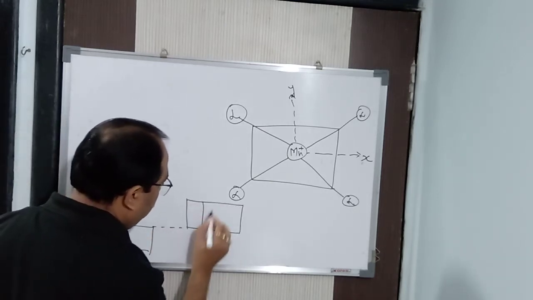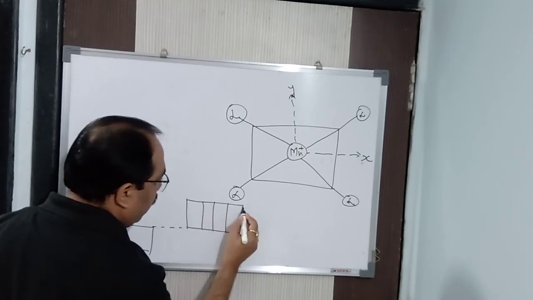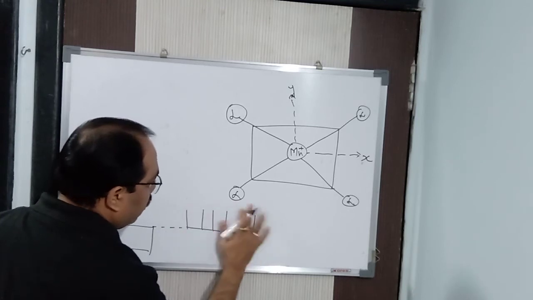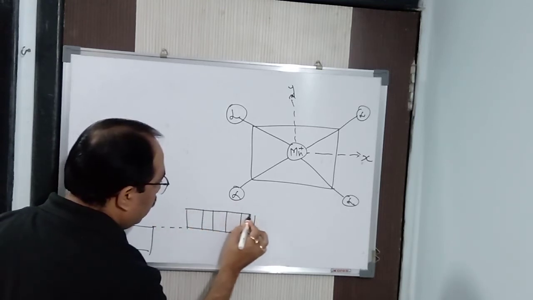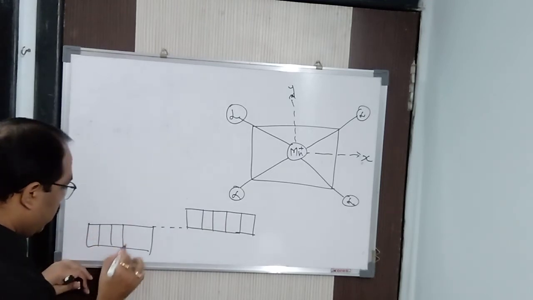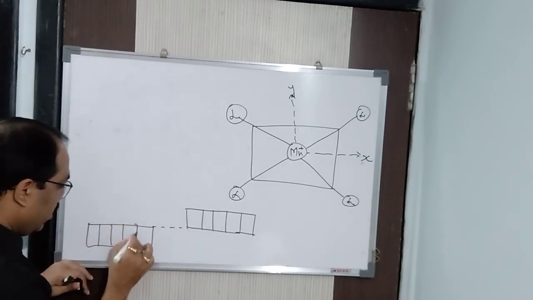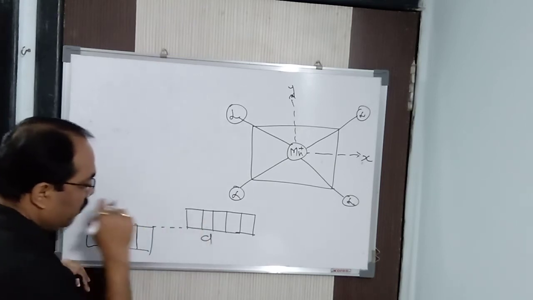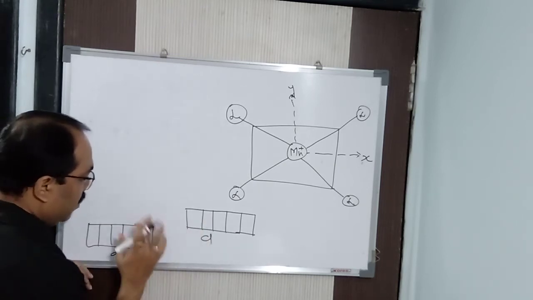Clear? Let me draw a smaller one. It will look nice. 1, 2, 3, 4, 5, the d orbitals. This is hypothetical. The energy is raised.